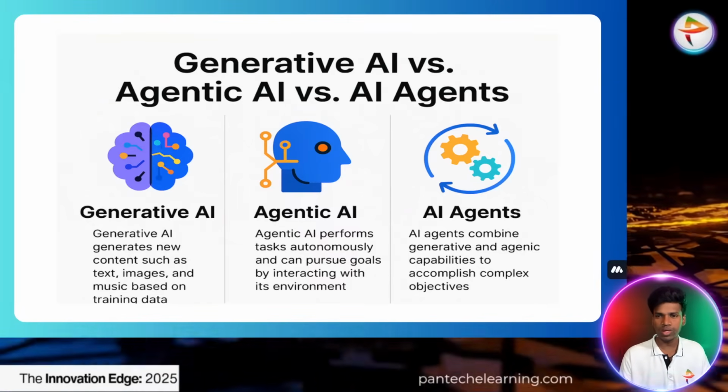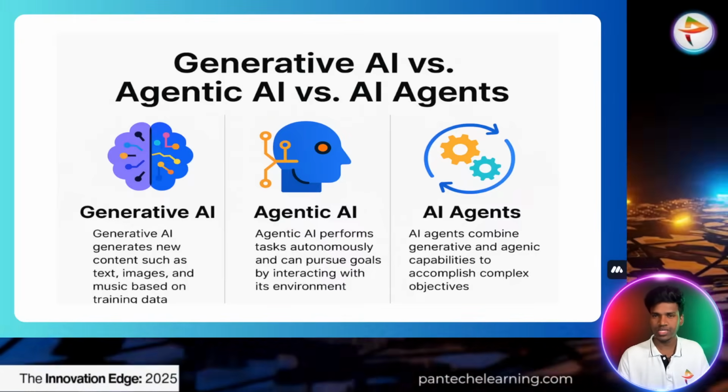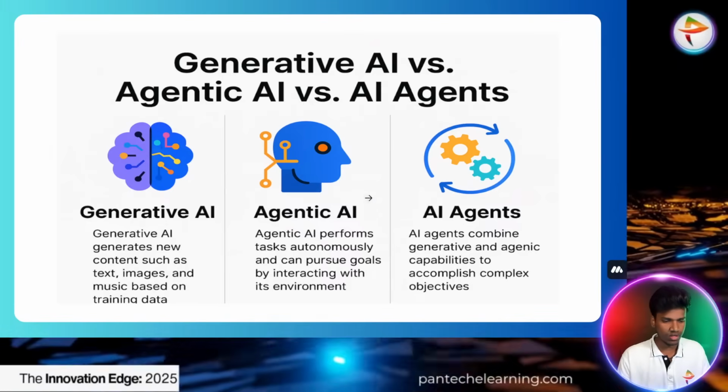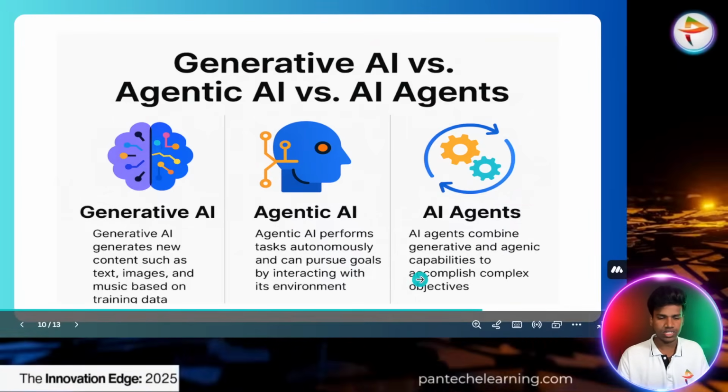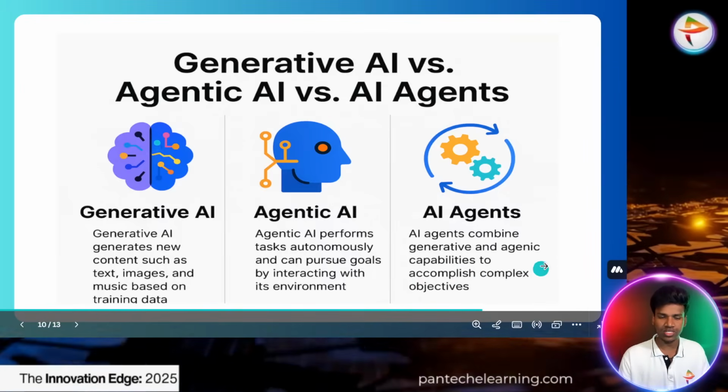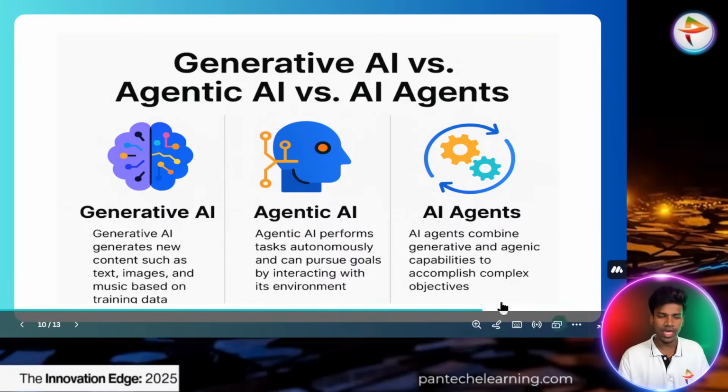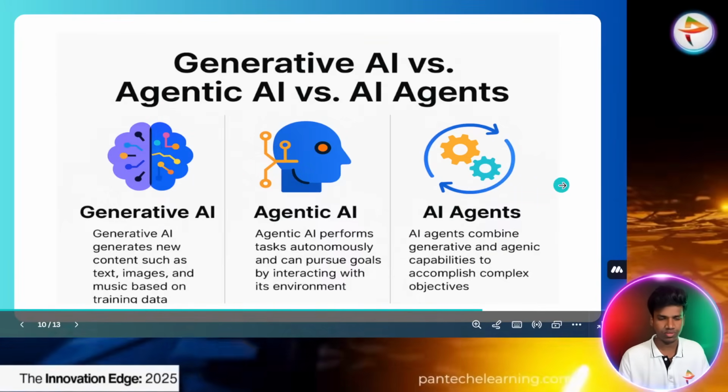This is the difference between agentic AI and AI agents. They combine generative and agentic capabilities to accomplish complex objectives.